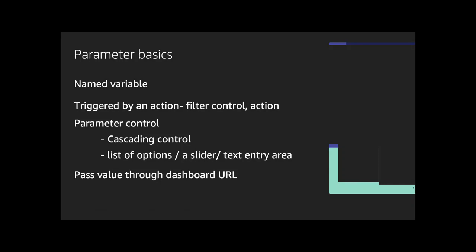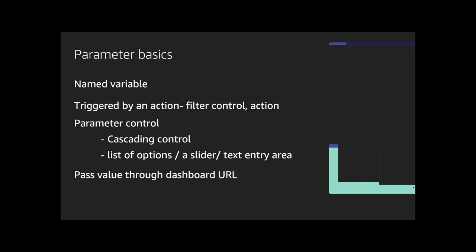Parameter control allows dashboard viewers to access parameters. So that way you can let your users control different charts and different visuals. All can be decided by using a filter in the parameter control. You can also set up cascading control.